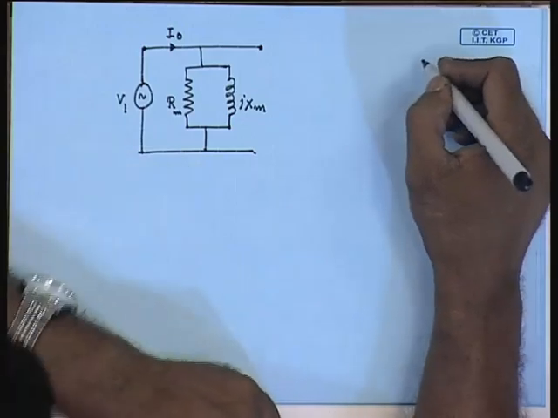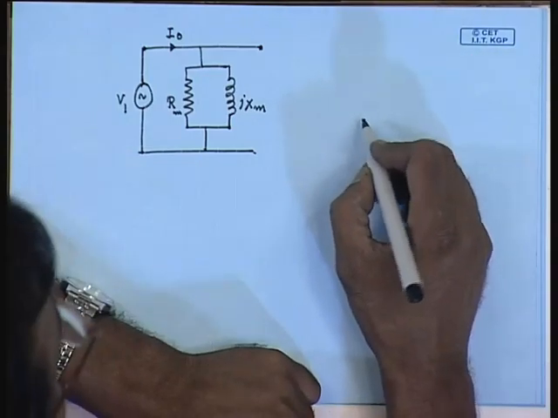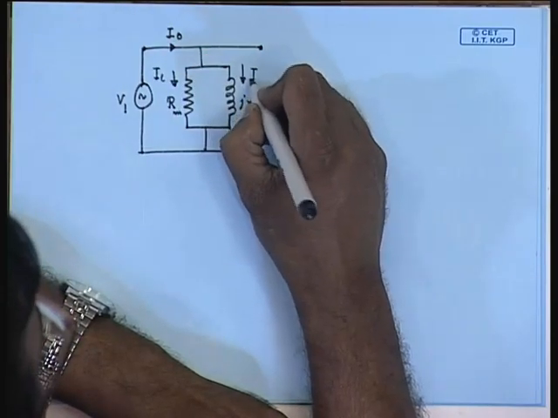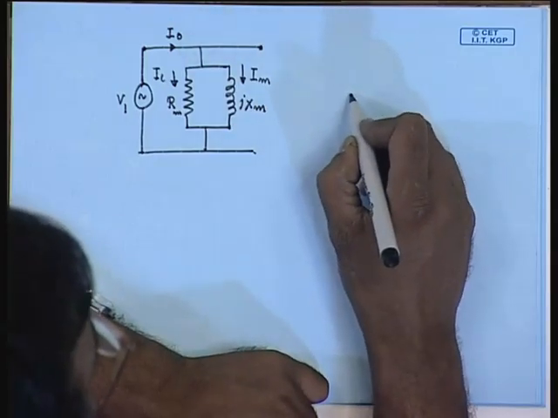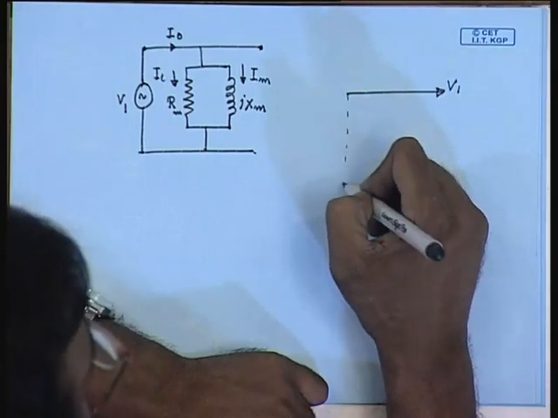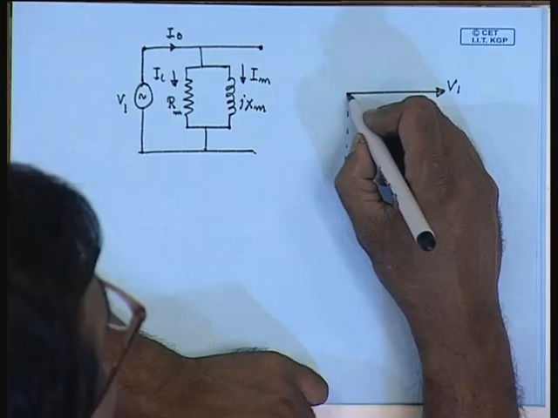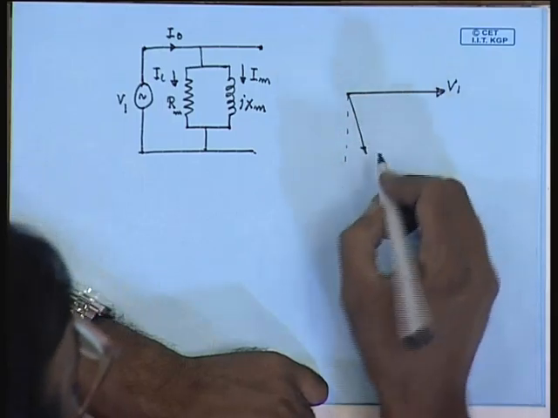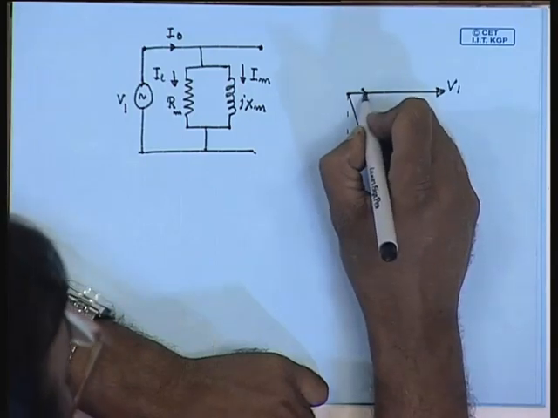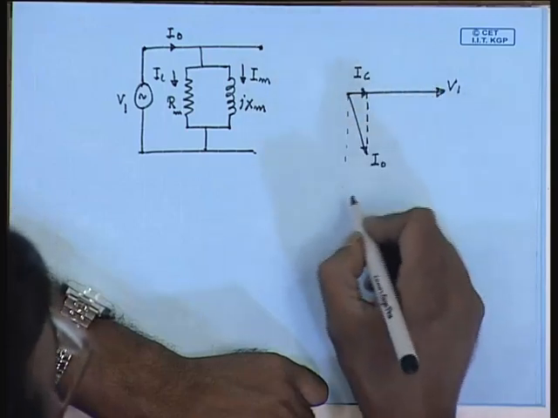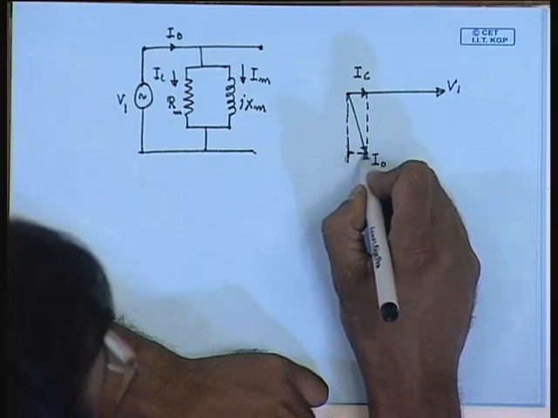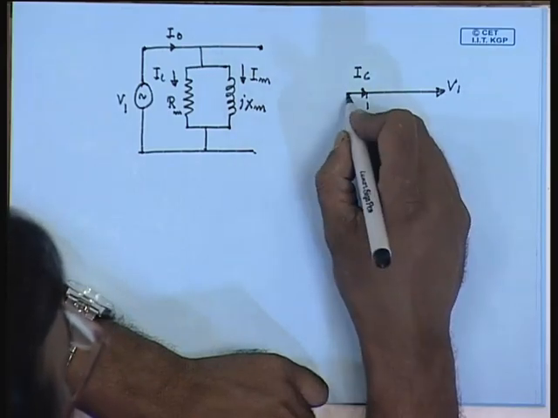So, if I draw the phasor diagram, then this is V1, this is the no load current I0, hence the component in phase with V1 is IC flowing through Rm, and the component perpendicular to V1 and lagging it by 90 degree is the current being drawn by the magnetizing branch Im.